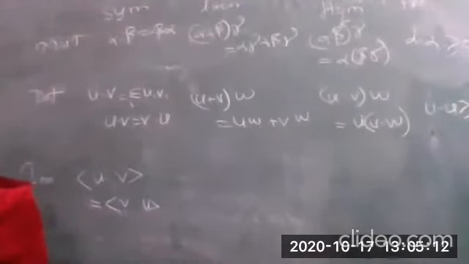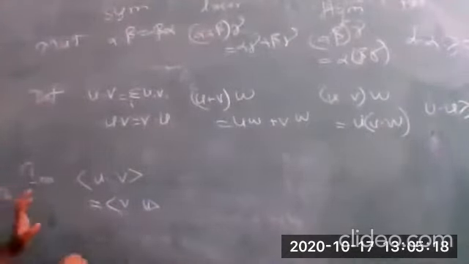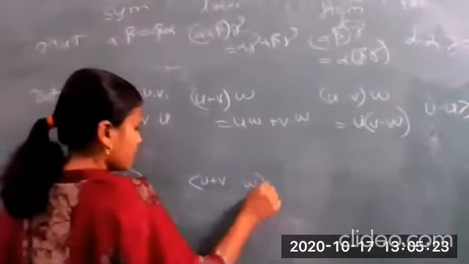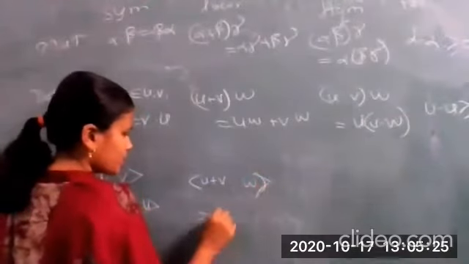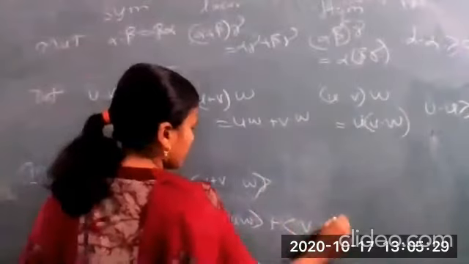Which one implies which one? That means whether the norm comes from the inner product or the inner product comes from the norm. So this one also, (u plus v, w), the inner product of this I can write as (u, w) plus (v, w). Correct?